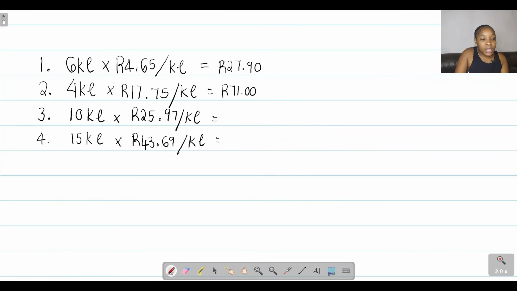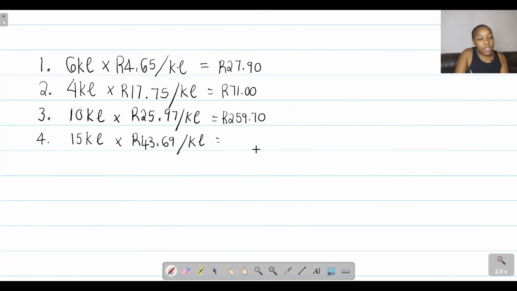In the third step, 10 kiloliters multiplied by 25.97 per kiloliter of water that you use, you will pay 259 rand and 70 cents. So if you use 10 kiloliters of water, you will pay 259 rand and 70 cents.